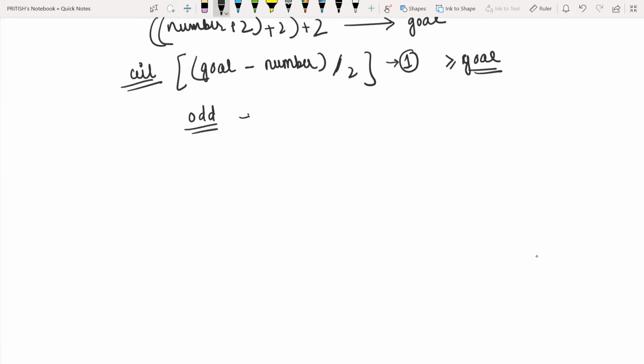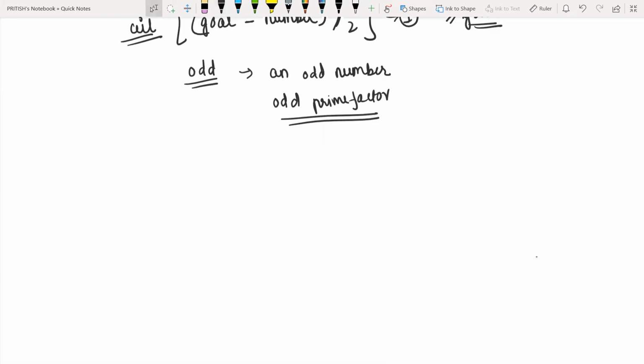Okay, but what happens if the number is odd? To be precise, an odd number will always have an odd prime factor. This is a guarantee that an odd number will always have an odd prime number.